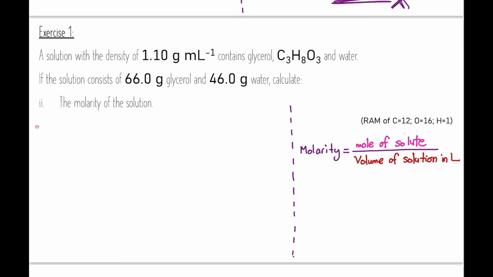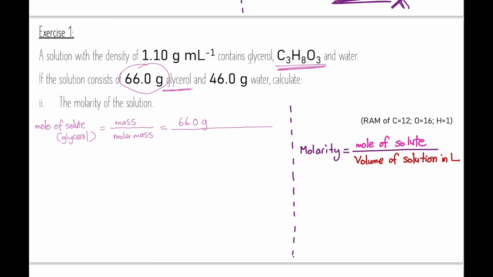Mole of solute is equal to mass divided by molar mass. The mass given is 66 gram of glycerol divided by the molar mass of glycerol, which is based on the molecular formula here.